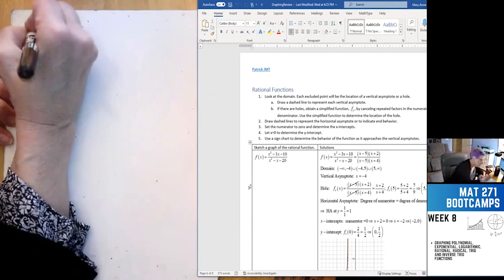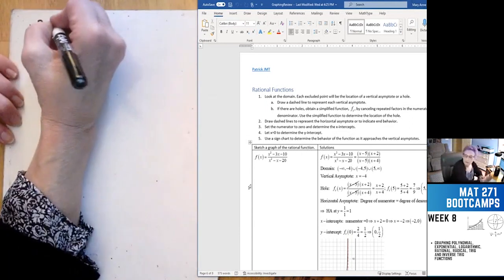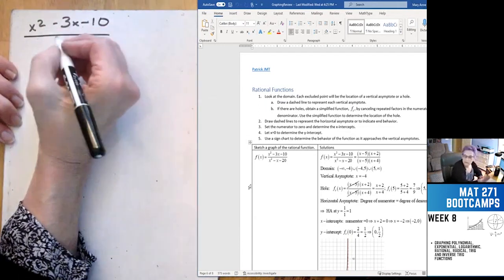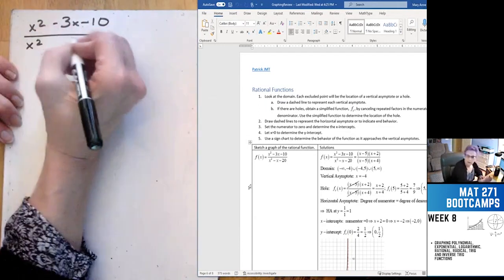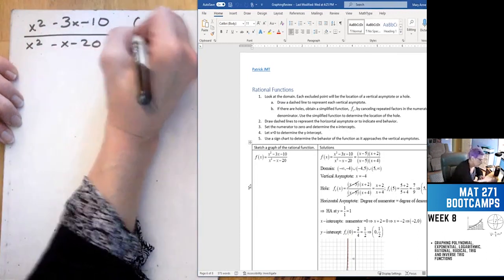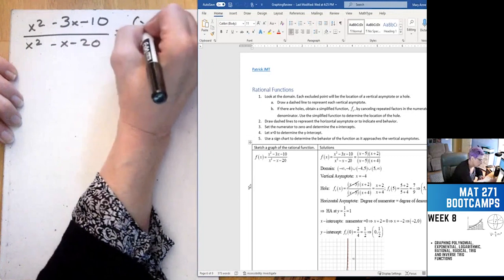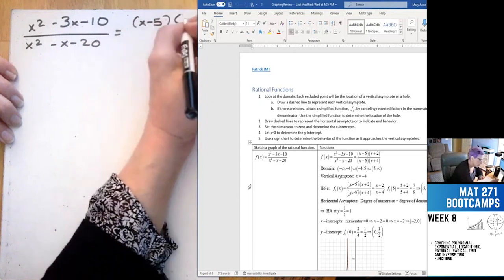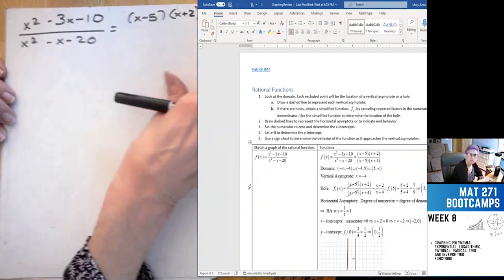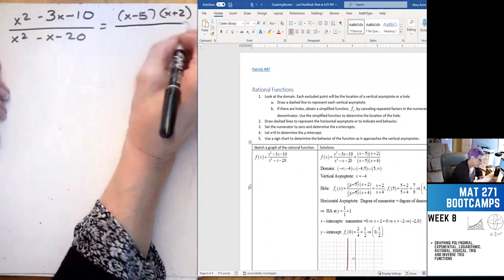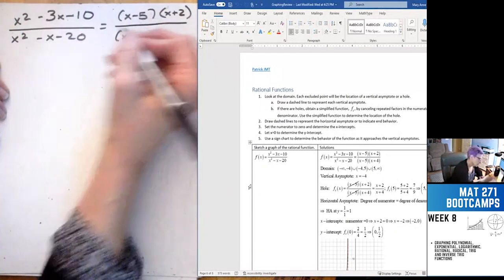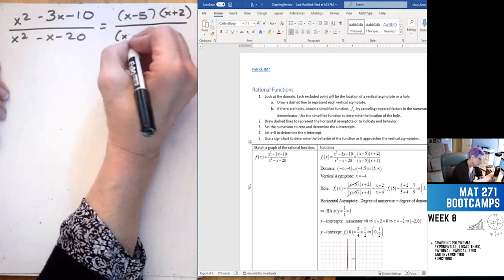So let's start with x squared minus 3x minus 10, living on top of x squared minus x minus 20. So factor: two numbers whose product is -10, whose sum is -3. And then two numbers whose product is -20, whose sum is -1.